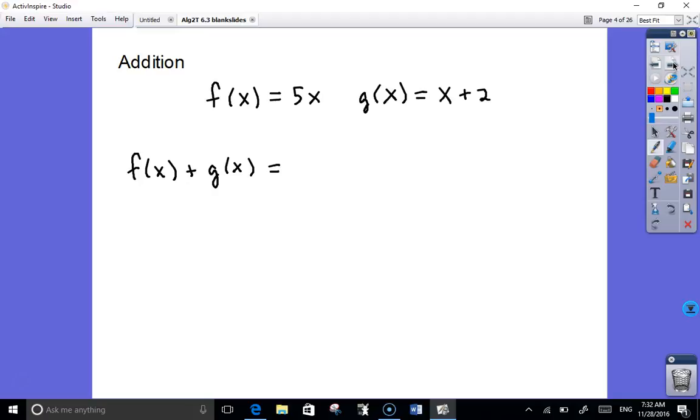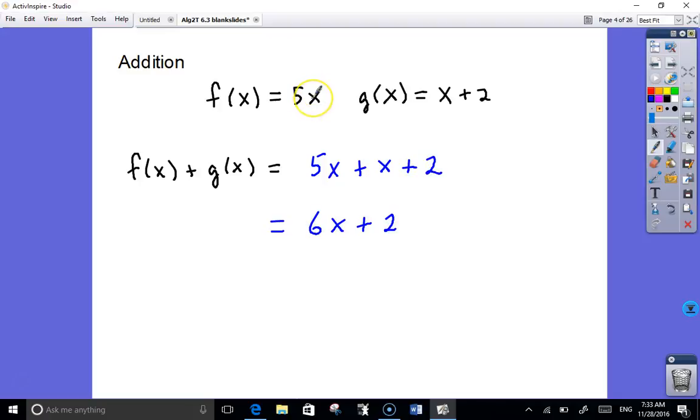Or you could think of it like substituting. Substitute for f of x what f of x equals, that would give you 5x, and then substitute for g of x what g of x equals, that would give you x plus 2. Then combine like terms: 6x plus 2. Pretty straightforward.